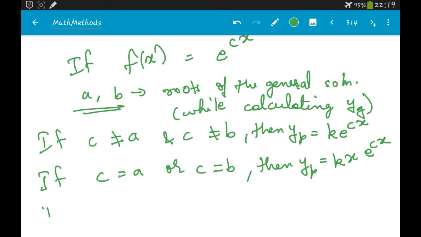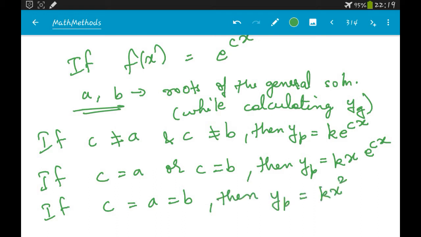And third, if c is equal to a equal to b, so a and b are equal and c is equal to them, then yp is going to be kx square e power cx. Okay, so these are the conditions that you have to follow.